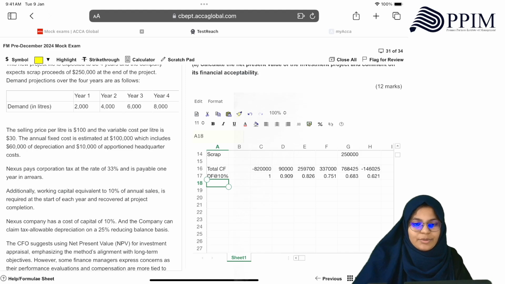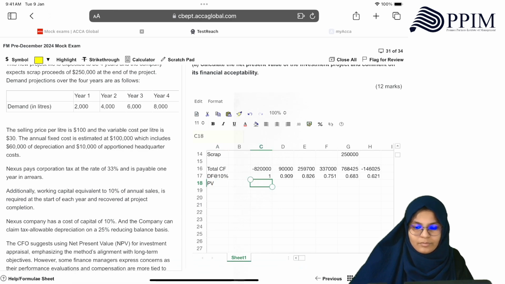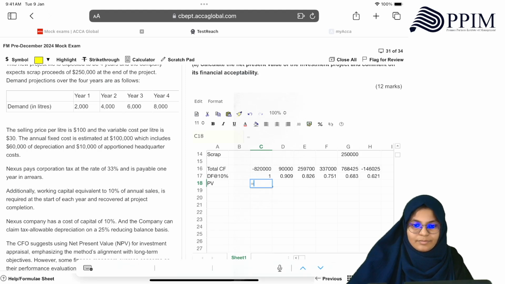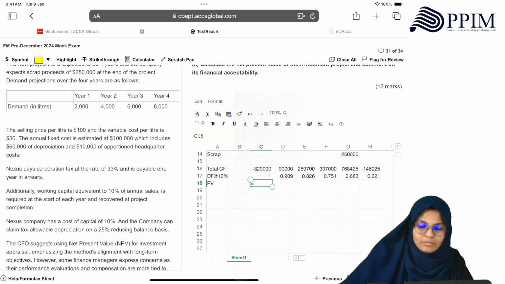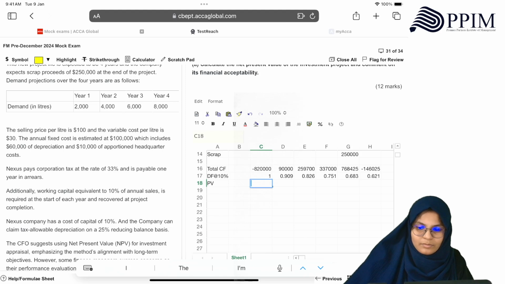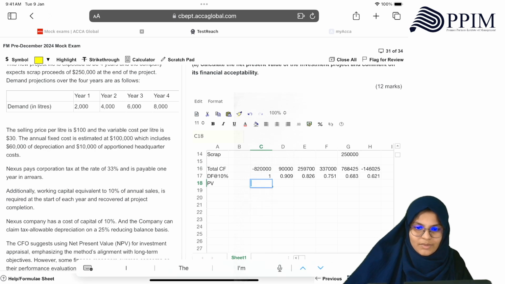So present value. Let's put the figures, right?